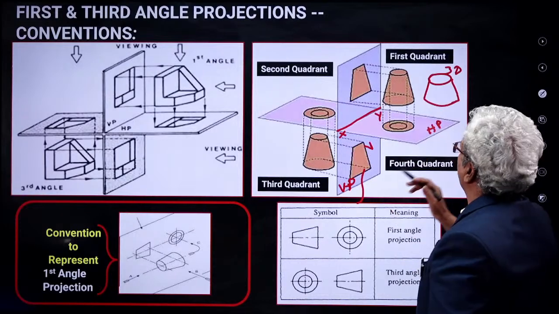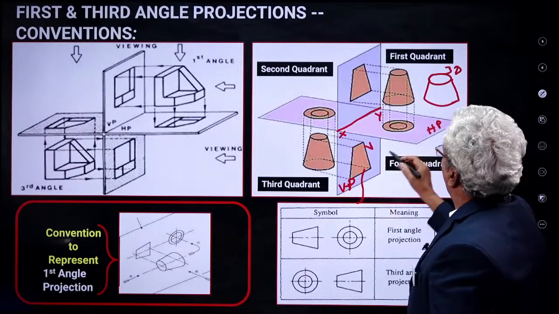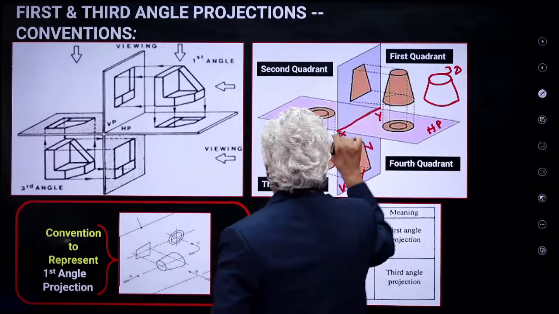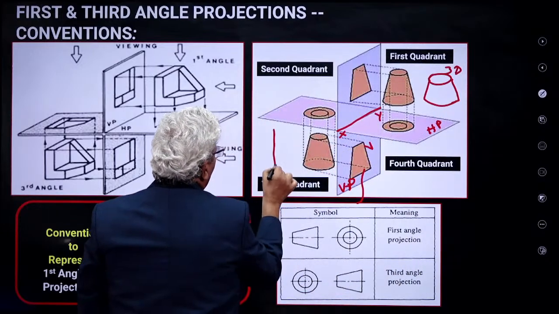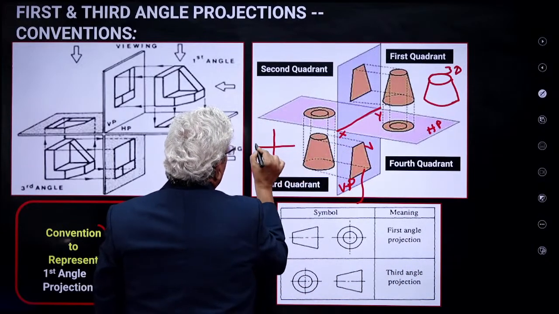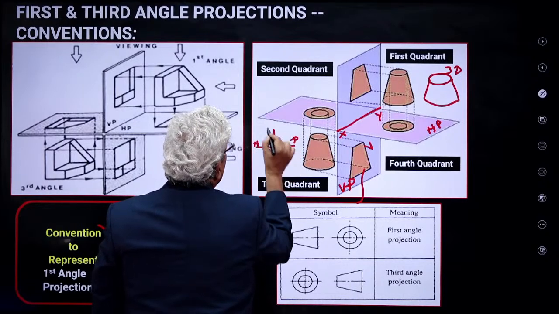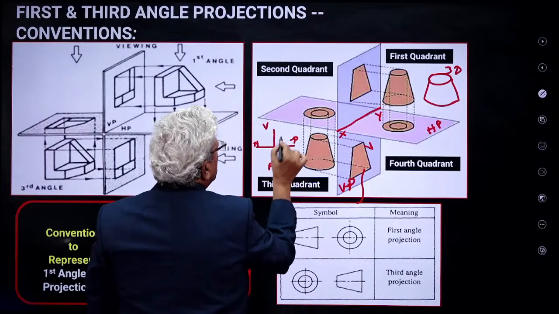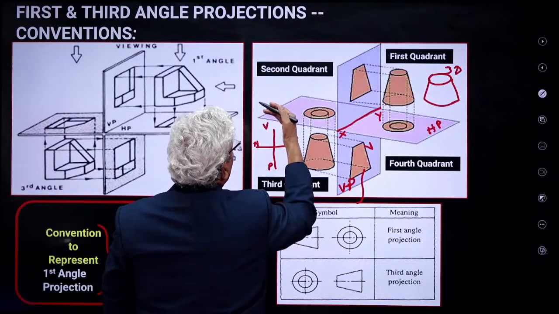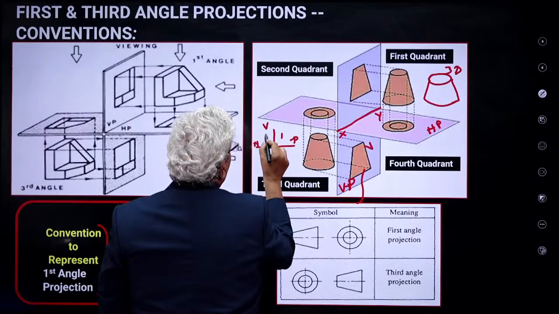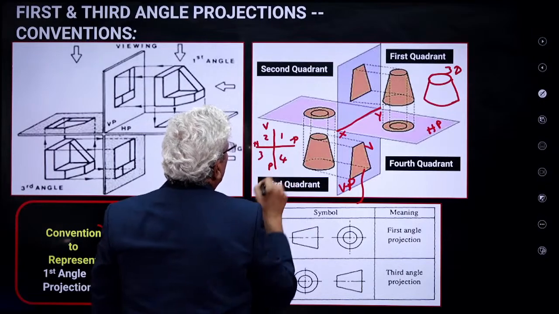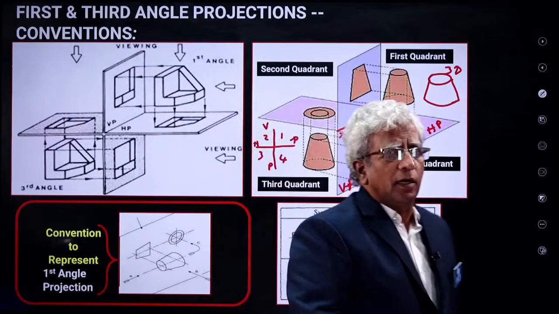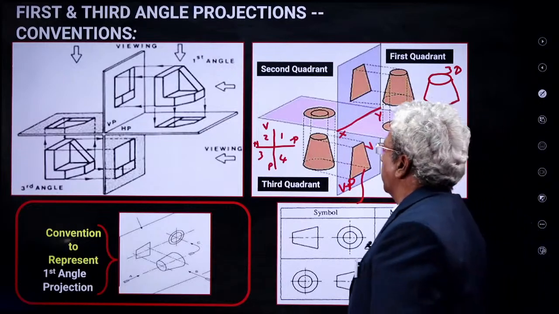The standard way of representing them is, if you see from this side, these four regions will appear like this. This is HP, this is the vertical plane, okay? So above HP, you start from here, 1, 2, 3, 4. Those are the four quadrants, okay?